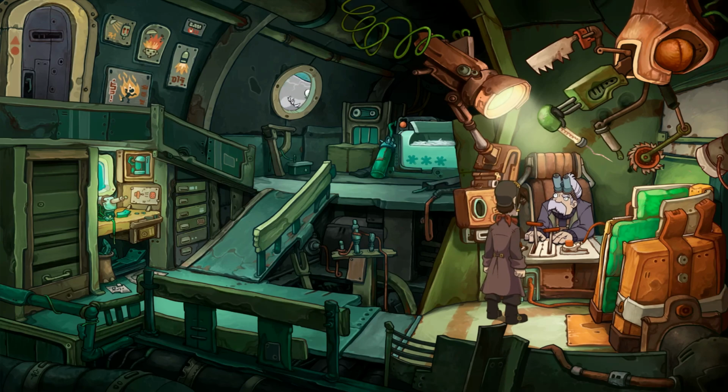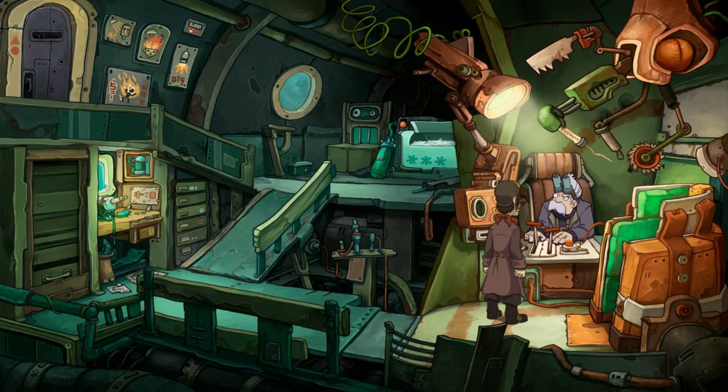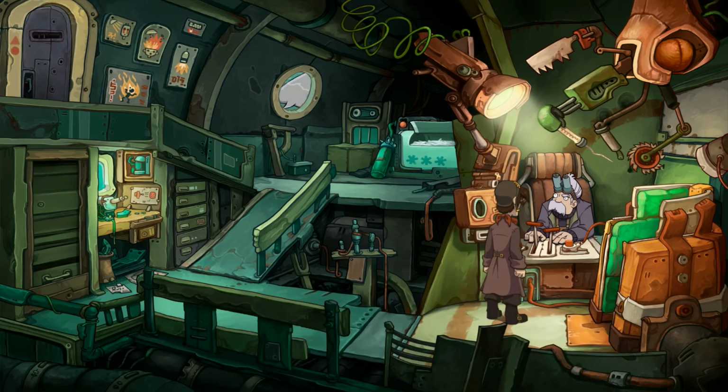If you think so, have you noticed anything else? Can I borrow some tools from you? Go ahead, help yourself. All I need to do now is make a few fine adjustments. For that, I just need a hammer and some chewing gum. Yeah, sounds good. What's that funny apparatus in the lock next door? Don't you mess with that, kid.